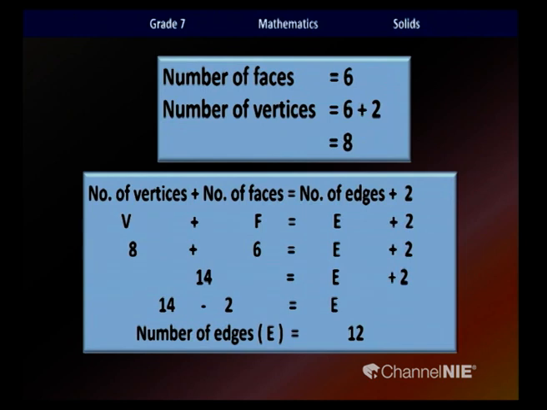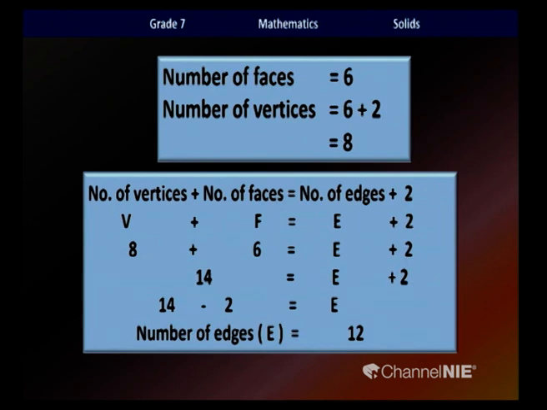Once again, I do not want this addition of 2 on my right hand side. So, to cancel it off, I have to subtract 2 from my right hand side. Since it is an equation, I have to subtract the same value from my left hand side also.